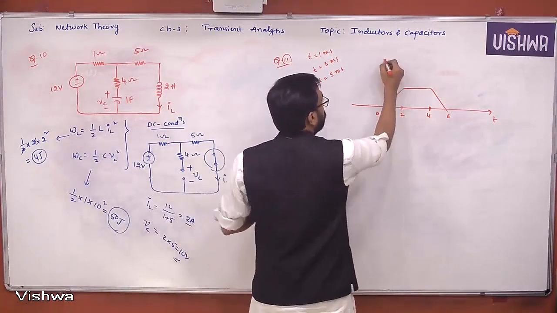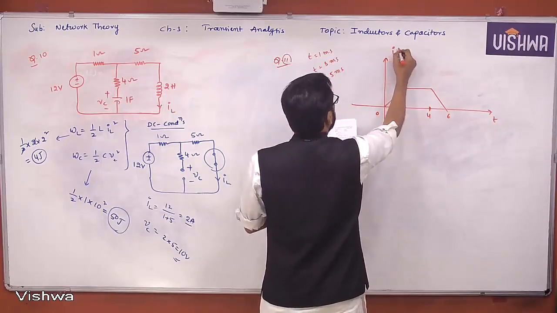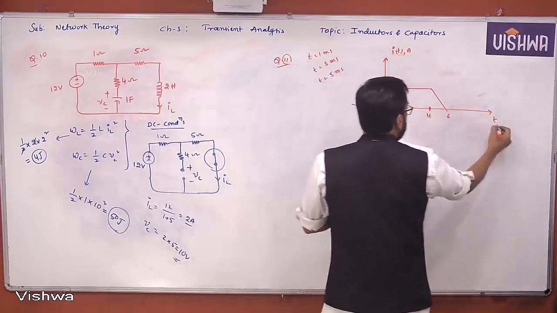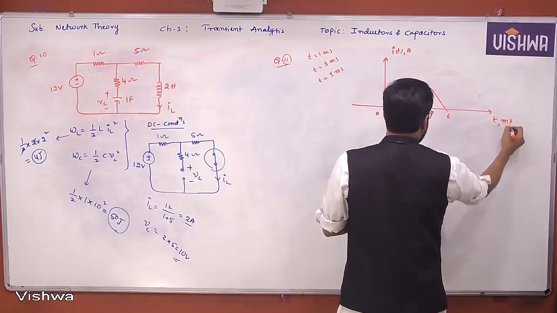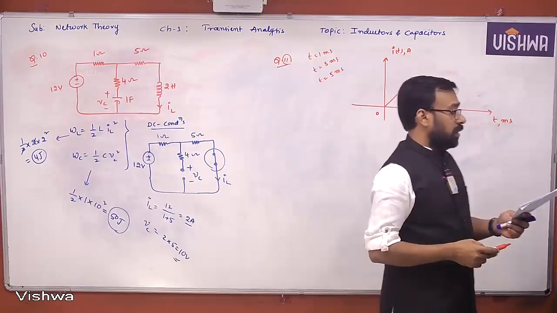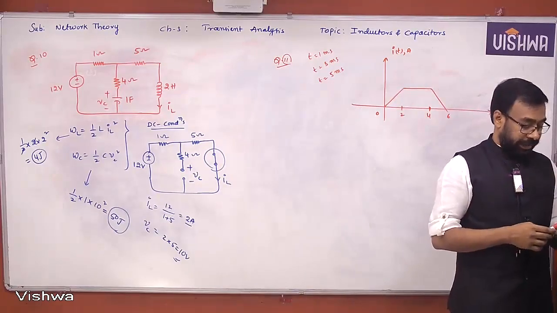So this is the given current. Current is in amperes and time is in milliseconds. So what is expected to find here? It is asking for the voltage across the inductor.